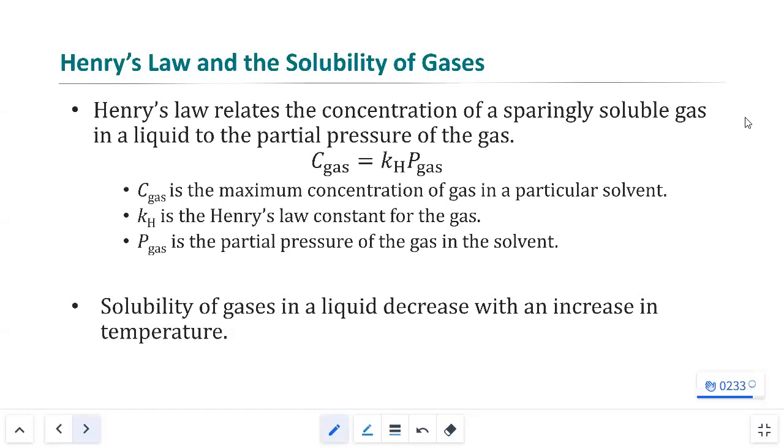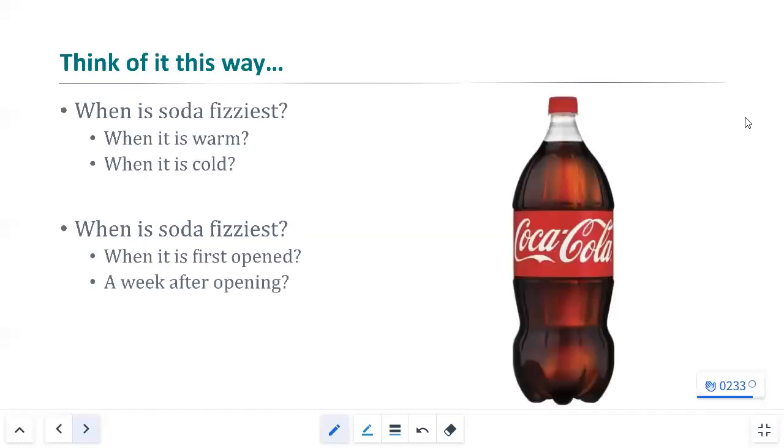Best example of that is a bottle of soda. In a bottle of soda, you've got both of those conditions present at the same time, because that bottle, when it was bottled, is bottled under high pressure in a cold atmosphere. Why is it done that way? So that it's fizzy when you open it.